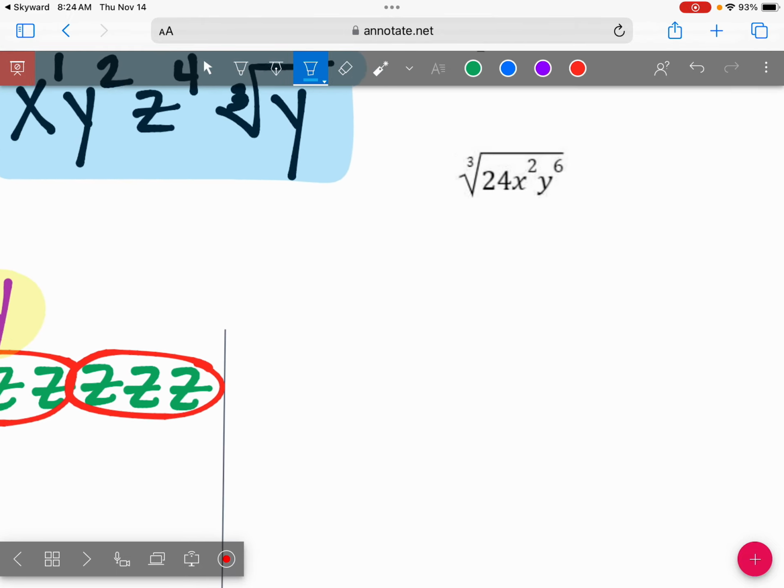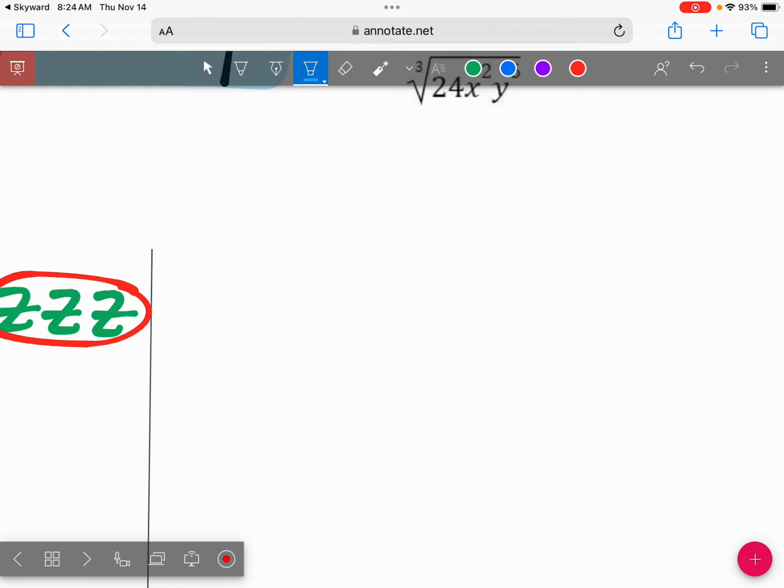All right, try to do this last one by yourself. Make your cake with the 24.